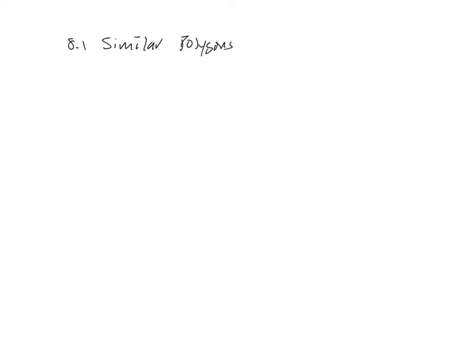So you'll have some problems today that we'll start off by saying something like this. If it says the perimeter of the smaller polygon is, let's say, 20.